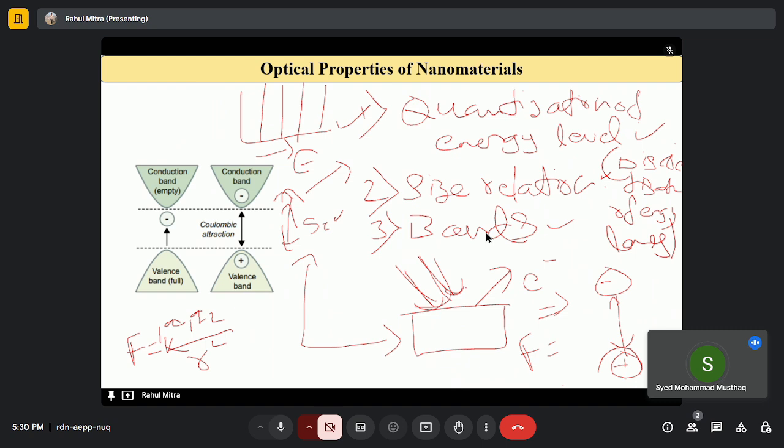So 4 pi is a constant, and epsilon naught is the permittivity. R is the distance between the valence band and the conduction band. Q1, Q2 are the charges. We know the electron has -1 and the hole has +1. So F will be equal to minus K e square by R square.